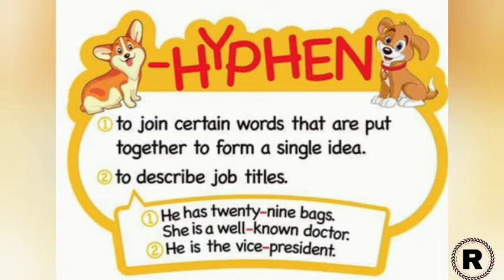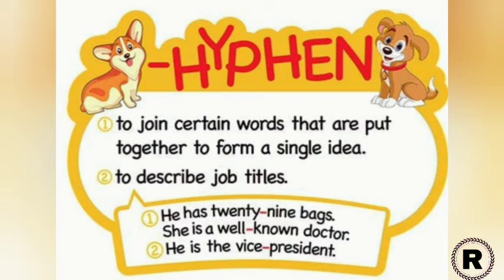Next is the use of the hyphen. As you can see, this small horizontal line is called the hyphen. How do we use the hyphen? To join certain words that are put together to form a single idea.